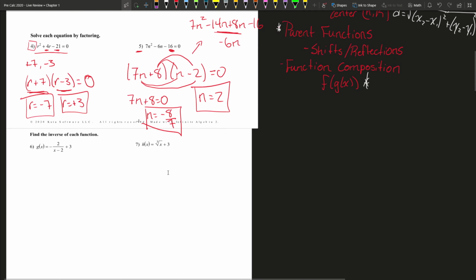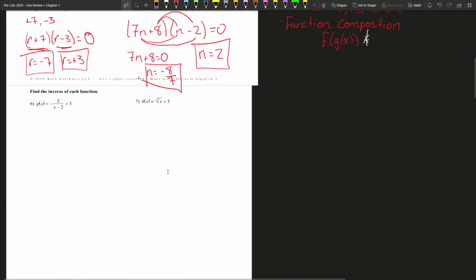Now finding the inverses. There are going to be 2 inverse problems. For each of these, I would find it easier if you just wrote it in terms of y. And then do it this way.